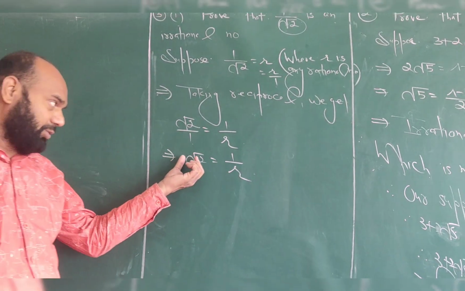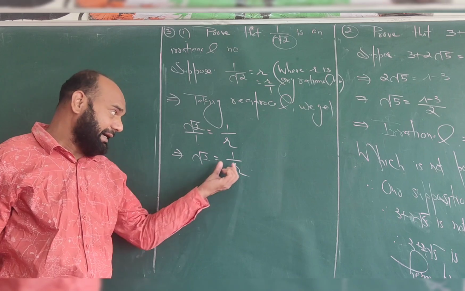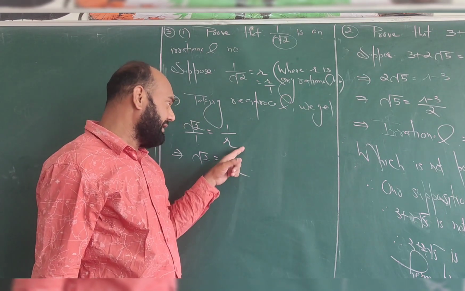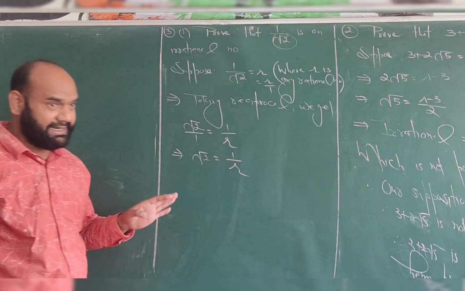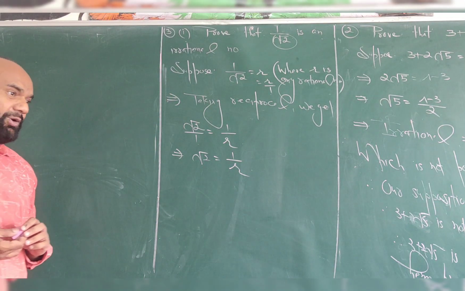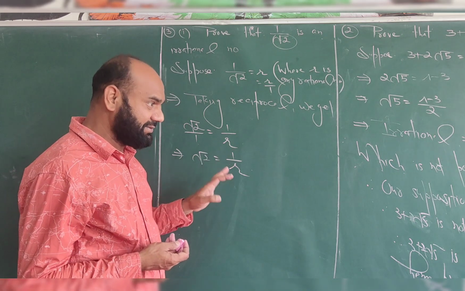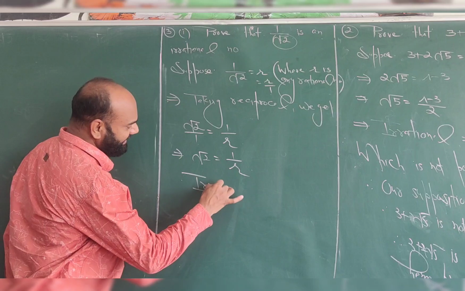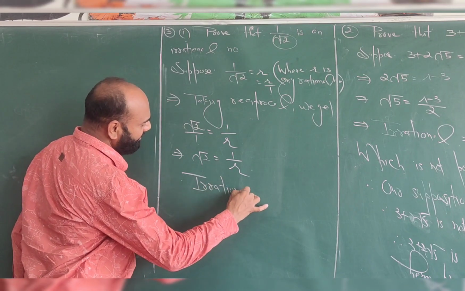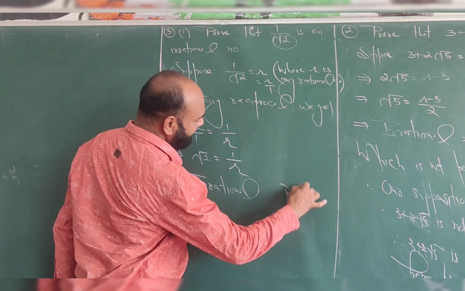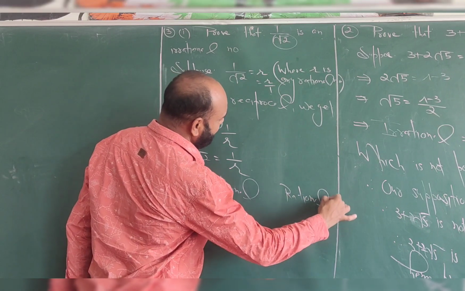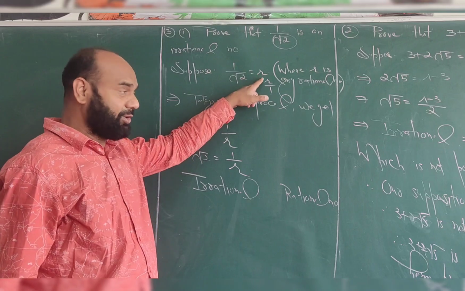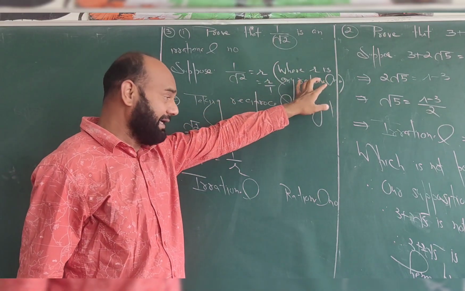And we know root 2 is an irrational number and r is a rational number. And when r is a rational number, then 1 upon r must be a rational number, because the reciprocal of any rational number must be a rational number. So we can say that this is a rational number, because we assume 1 by root 2 equal to r, where r is any rational number.